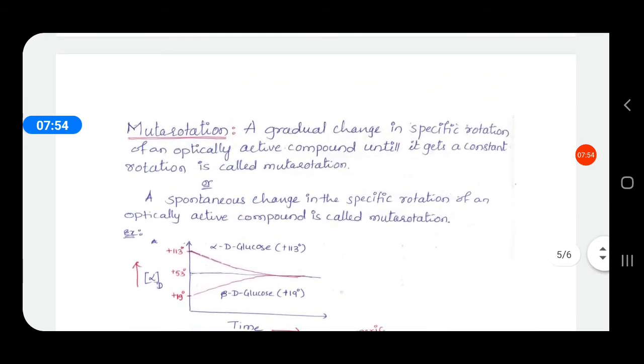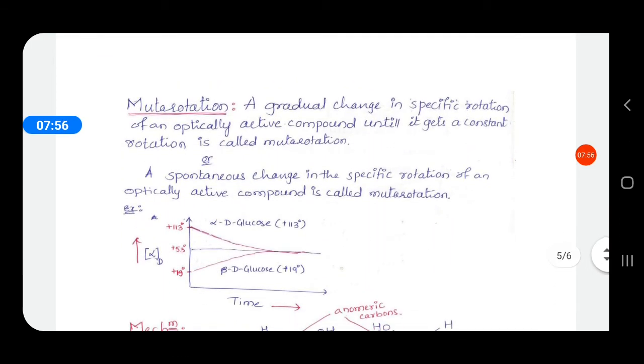So this is about mutarotation. Mutarotation is a gradual change in specific rotation of an optically active compound until it gets a constant rotation, or a spontaneous change in the specific rotation of an optically active compound. It can be explained by taking any example. Here I have given D glucose as an example.